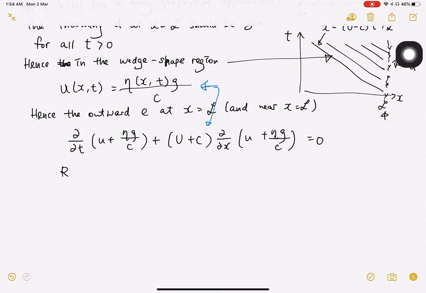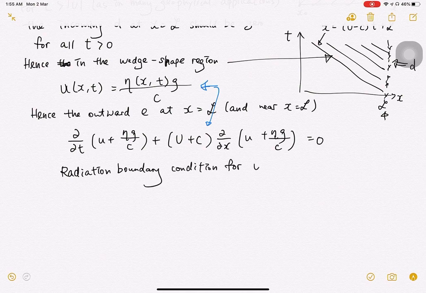And then the radiation boundary condition for u at x equal to L. So we are making use of u xt equal to eta.